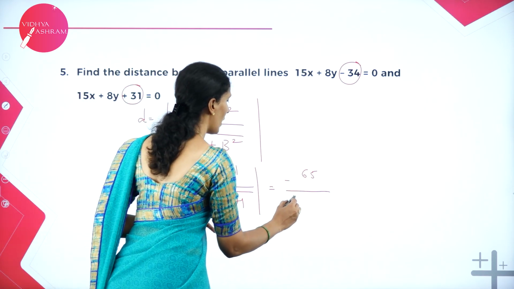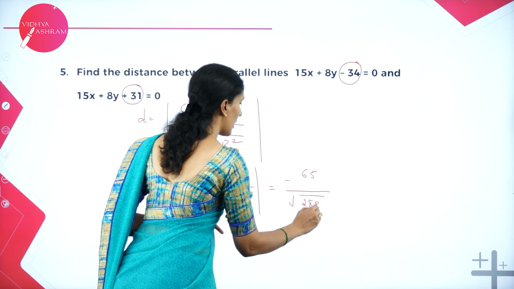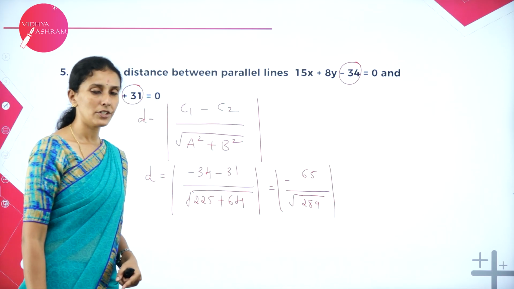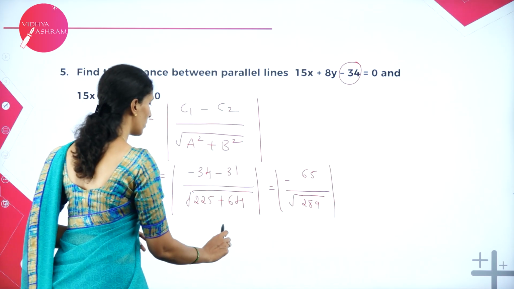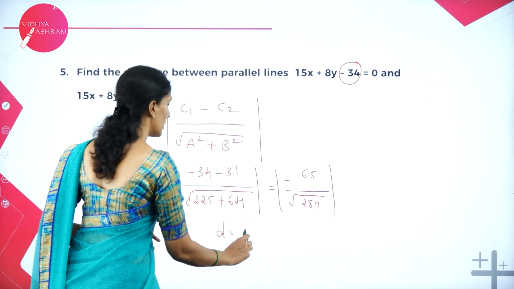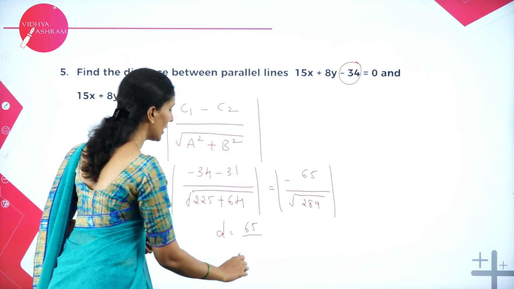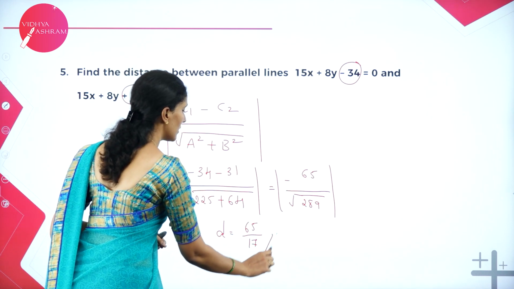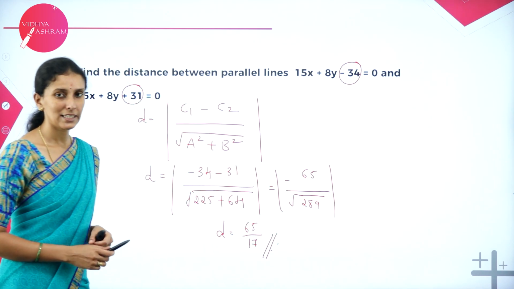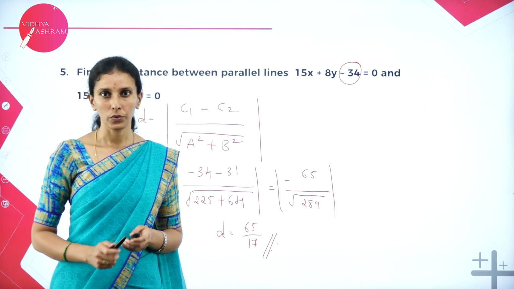Now this is square root of 289. Since you have negative, with the modulus you can write it as positive. So the distance will be equal to 65 divided by, what is the square root of 289? It is 17. So the answer for this is 65 by 17 units.